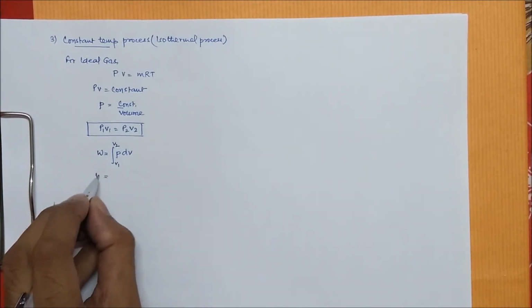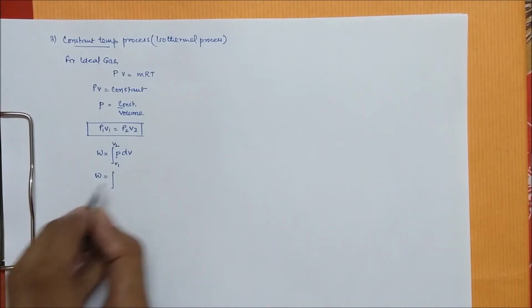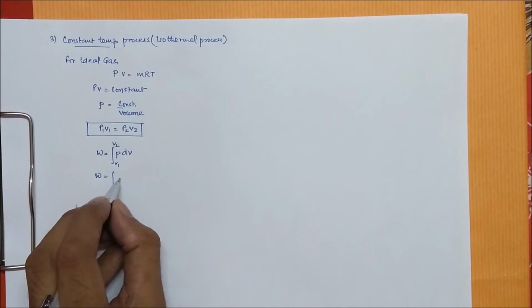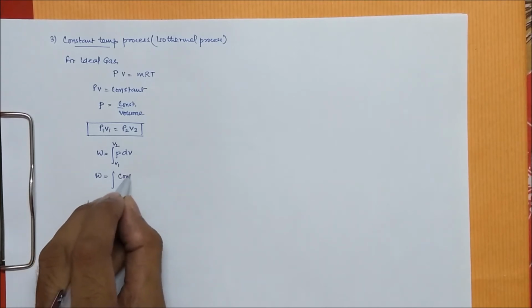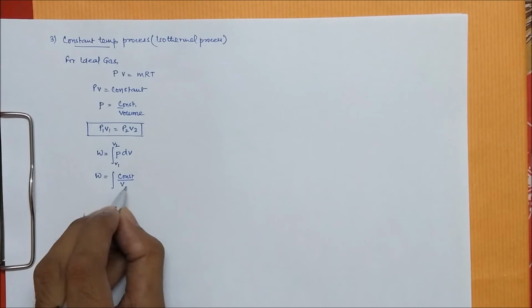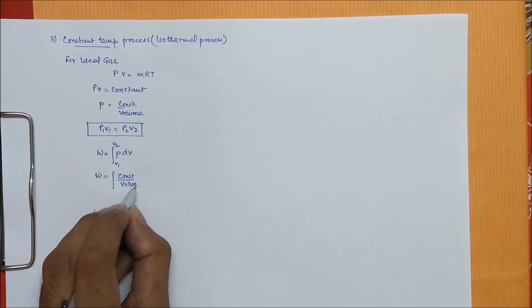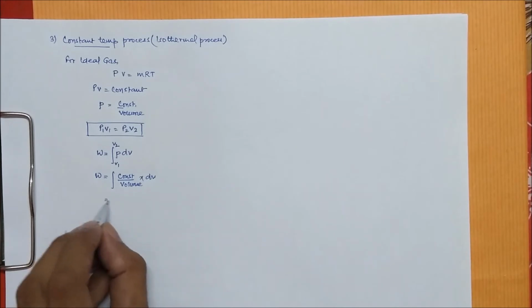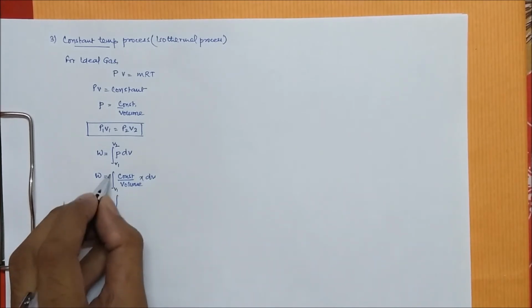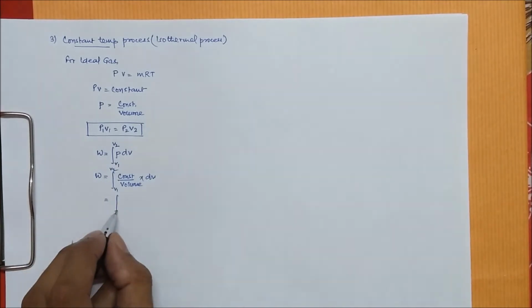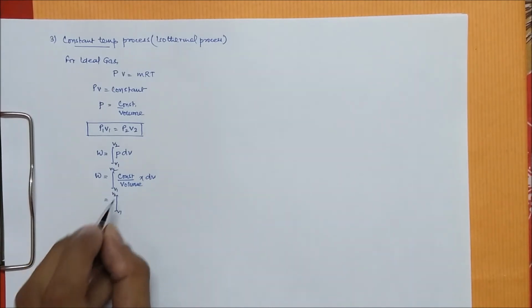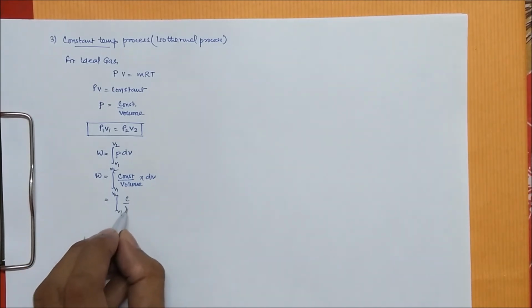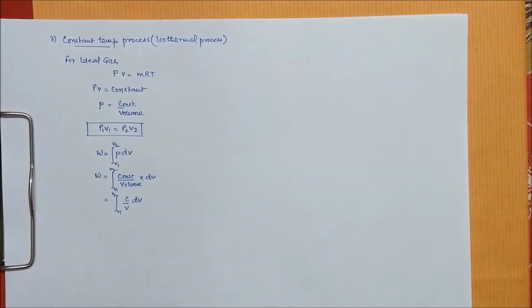So we can write P as constant by volume, into dV, that is, integral of C by V dV from V1 to V2.